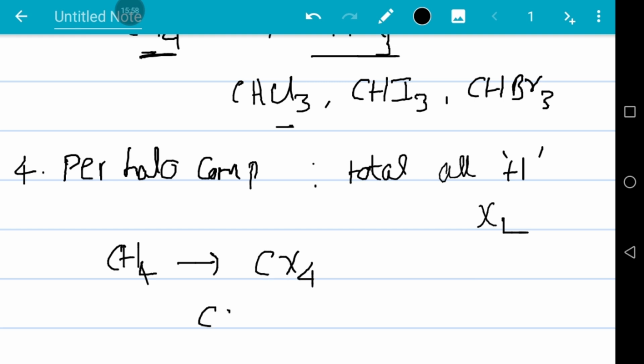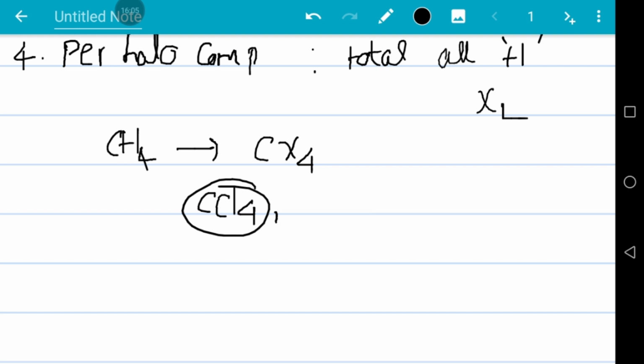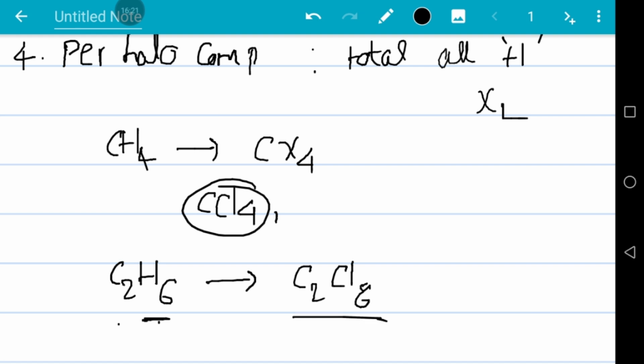For example, CCl4, carbon tetrachloride. One more example, C2H6, this is ethane. How many hydrogens are there? Six hydrogens, which are also replaced by six chlorines, like this: C2Cl6. So this is also an example of perhalo compounds. Perhalo compounds means in an alkane, however many hydrogens are there, all of those hydrogens are replaced by halogens.